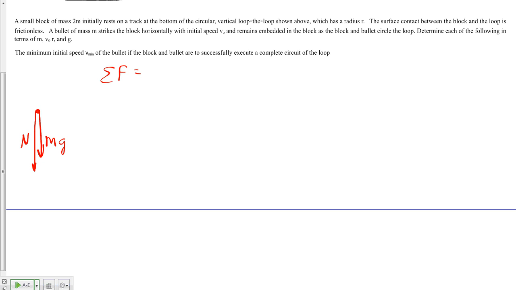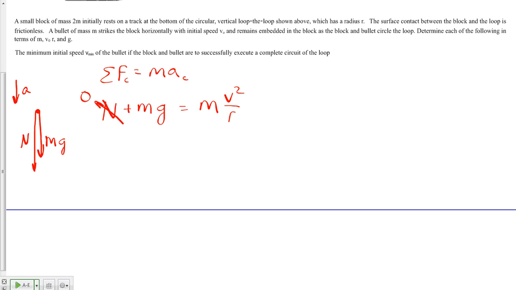So sum of the forces equals ma. It's a circle, so it's centripetal. Normal plus gravity. They are both positive since the acceleration is downwards. Equals m v squared over r. Substitute ac for v squared over r. We're going to find it when the normal force is 0.